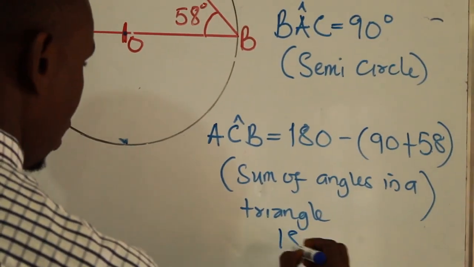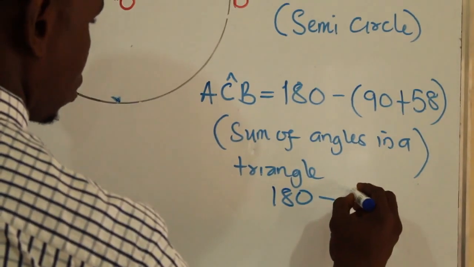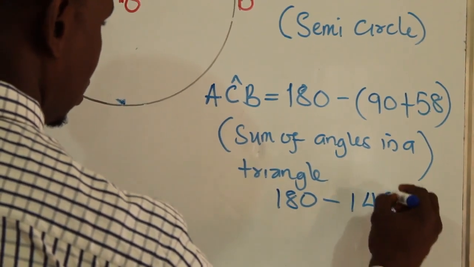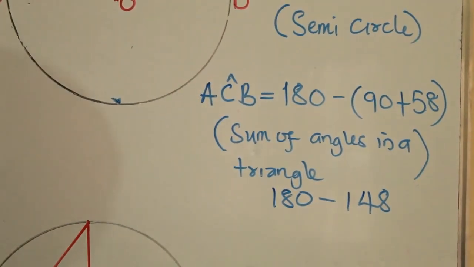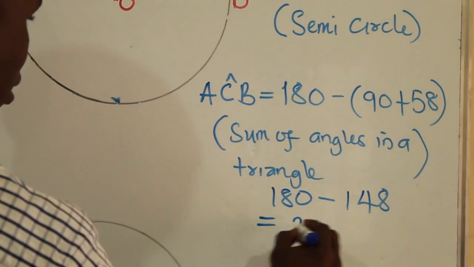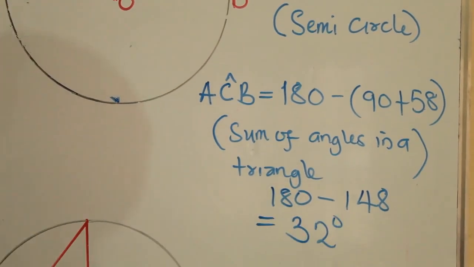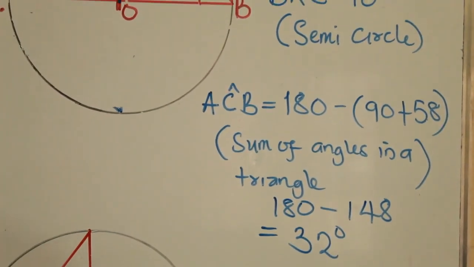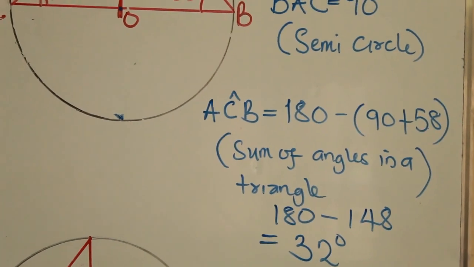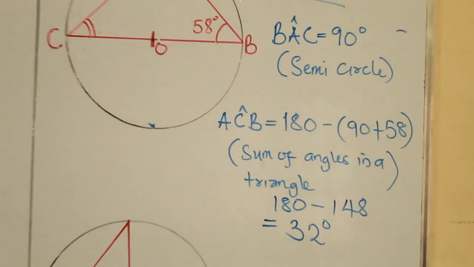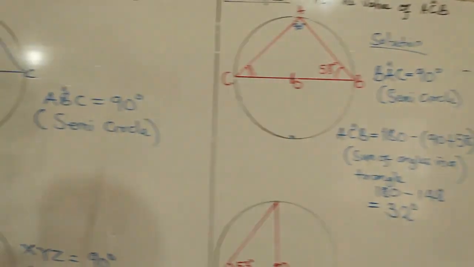So I have 180 subtract 148, and my final answer is 32 degrees. We have just found the angle ACB to be equal to 32 degrees.